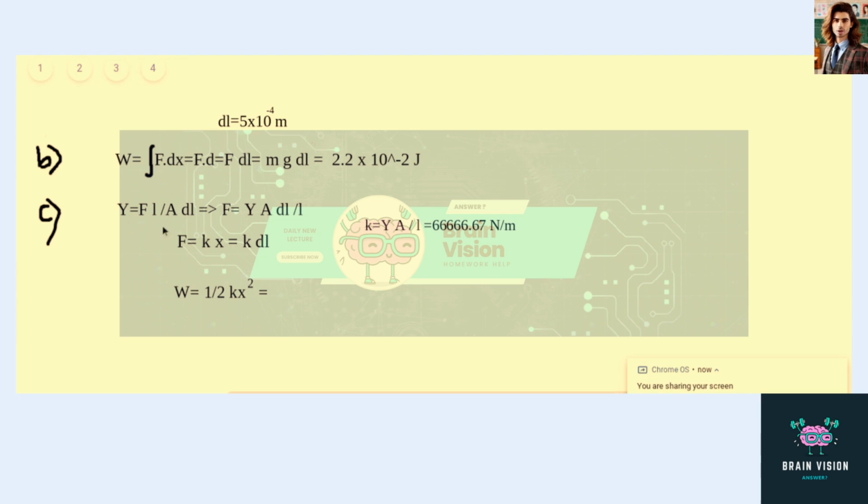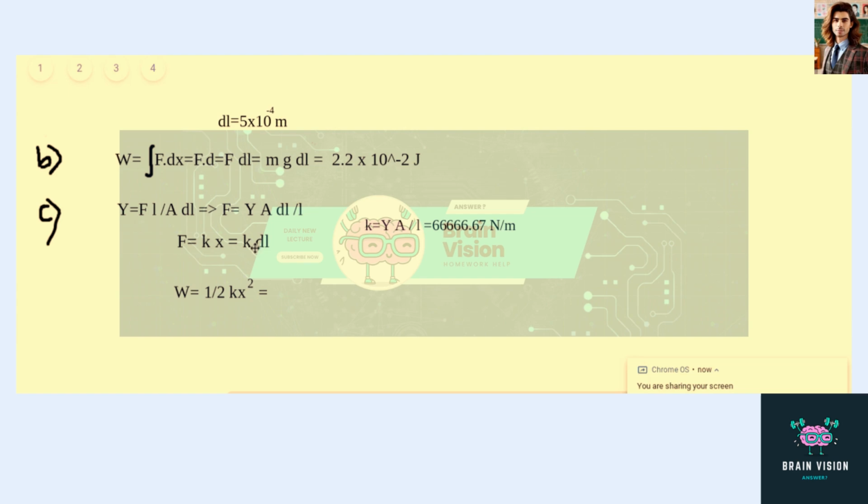Using this equation, I can find my force to be Y times A times dl over L. Now since the wire is getting stretched over here, I can assume my wire to be acting like a spring, and by Hooke's law, we can say that the spring force is equal to the spring constant k times the change in length, which is our stretch here.